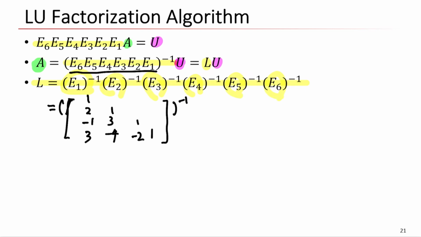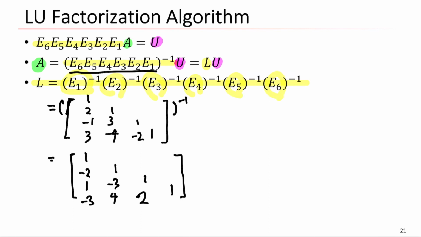Then what is the inverse of this matrix? -2, 1, -4, -3, 4, 2, right, something like that.